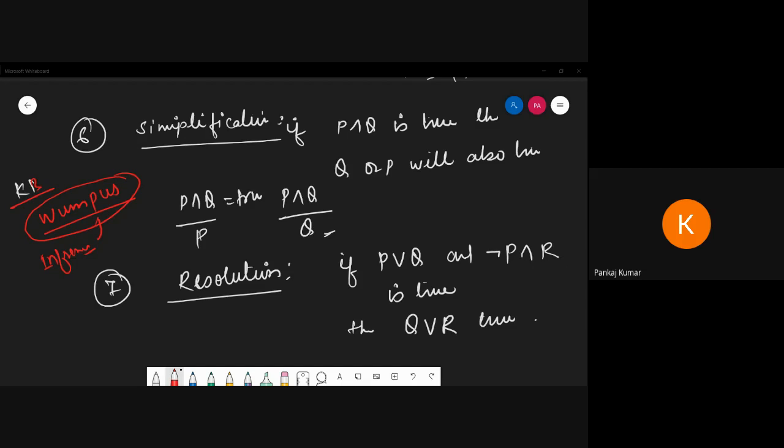So for today, any doubt up to this one, inference rule? No doubt. If you understand the inference rule, then it is very easy to play the Wumpus game.